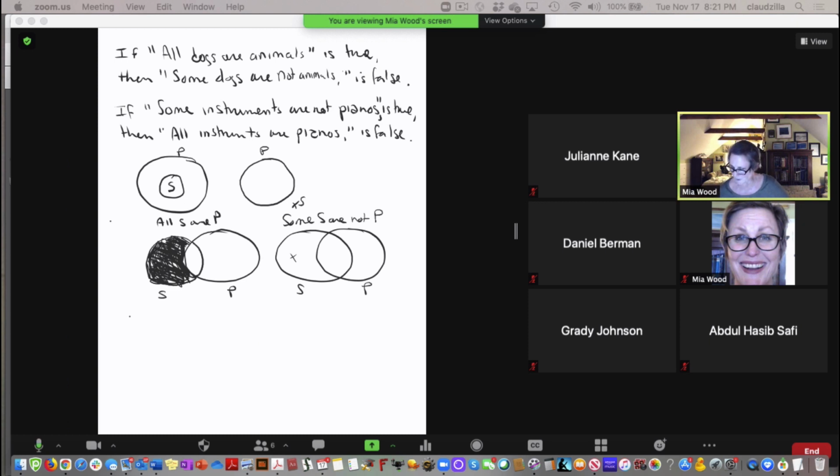You can do the same thing with the other two proposition types. So all S are P and some S are not P are contradictories.